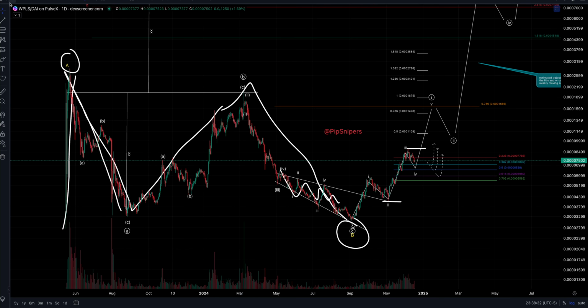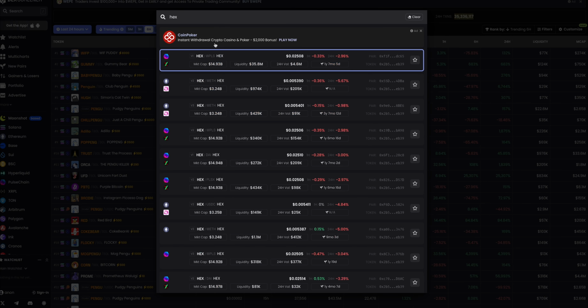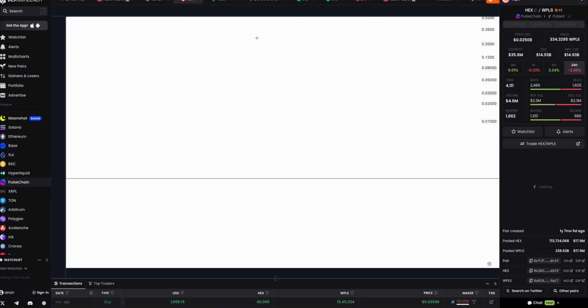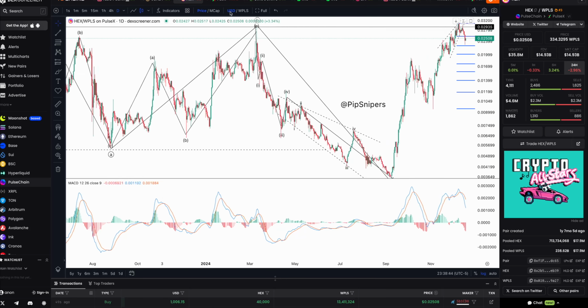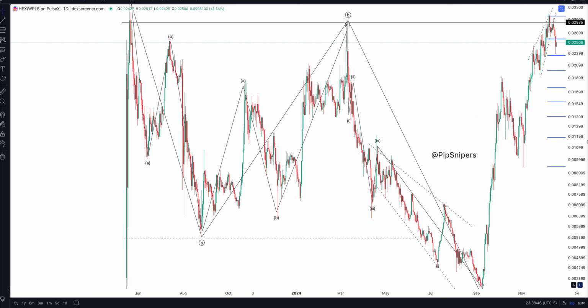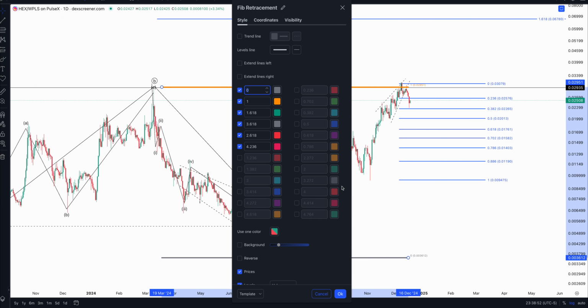You can even see that with pHEX. So if we take a look at pHEX, for example, right over here, you see how it just levitated right to the 786. So if we just take a fib from this high in March down to this low, take a look at the 786 right here.